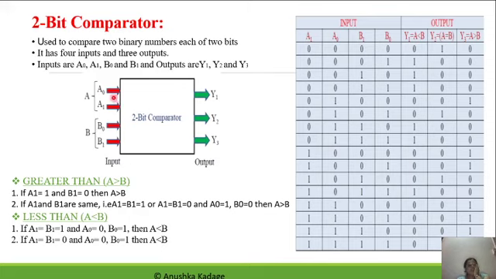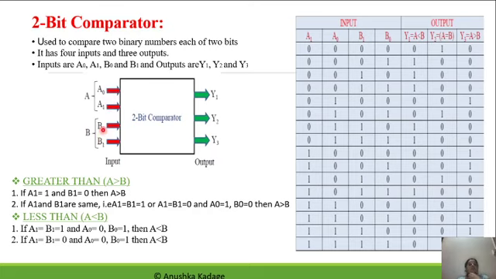That means here each of the numbers which we are presenting for the comparison consists of 2 bits. So A is represented by 2 bits as A0, A1, and B is represented by the 2 bits B0 and B1.